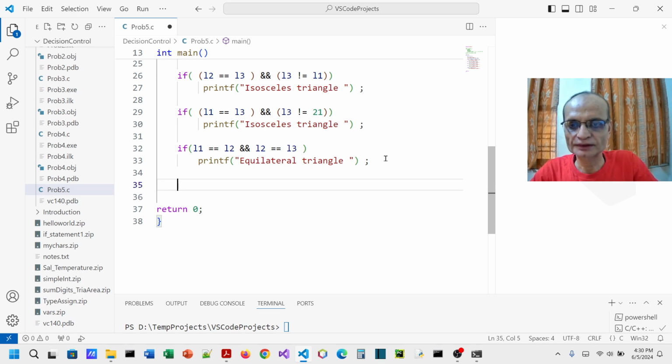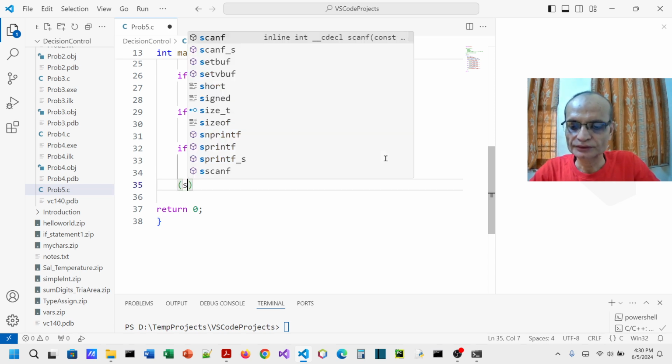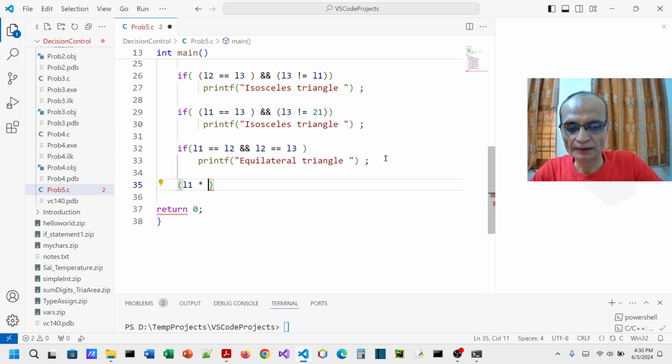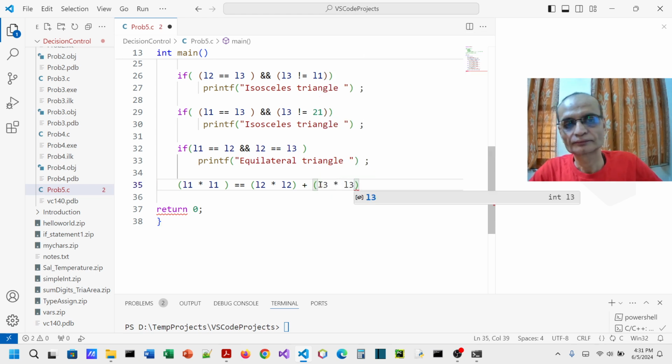Okay, I can simply check S1 or L1 into L1, whether it is equal to what I want to check now: L2 into L2 plus L3 into L3. Okay, that is what I want to check. So I can use an if statement here.